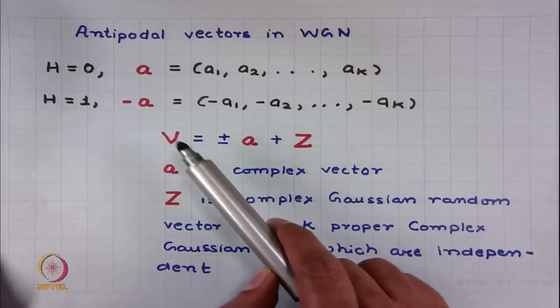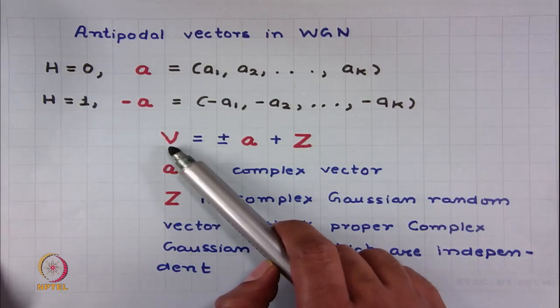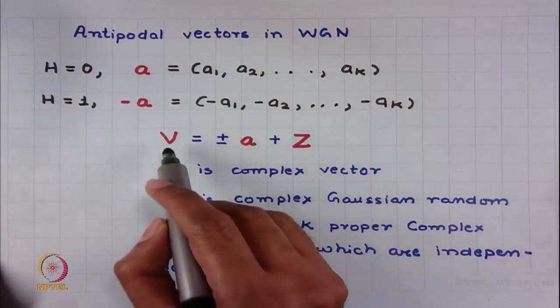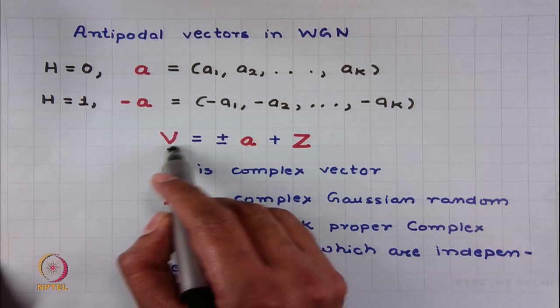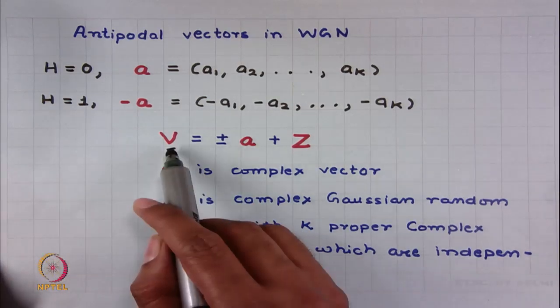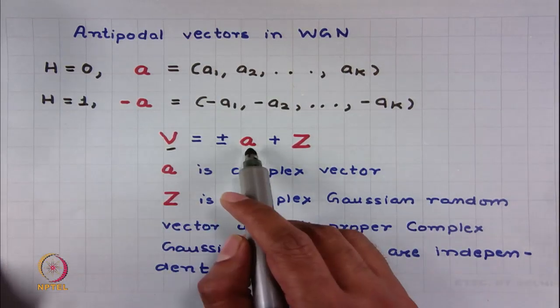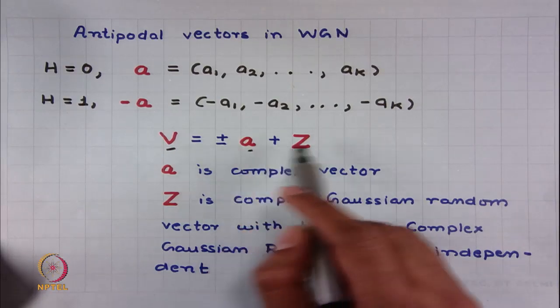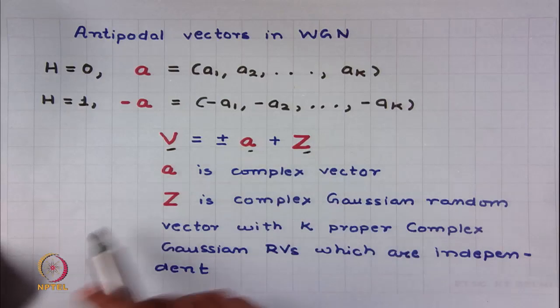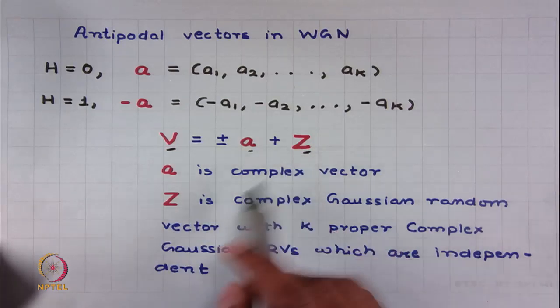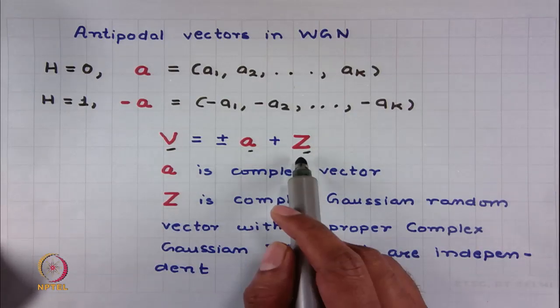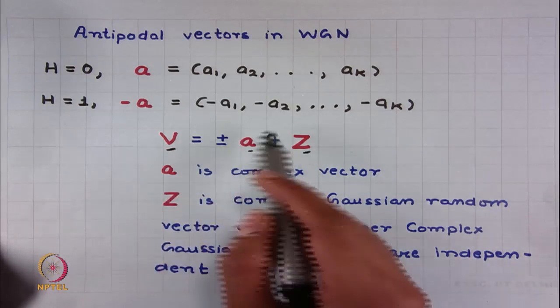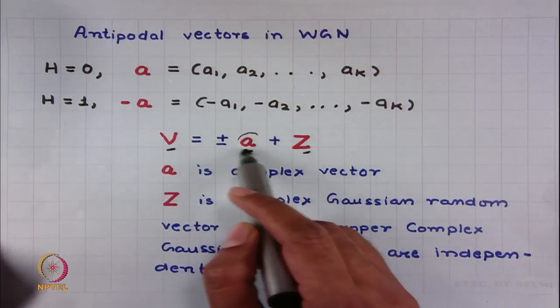So, at the output of a demodulator, we are going to have a random vector v. This random vector v is this vector a plus a vector z. And what is z? Z is a complex Gaussian random vector, because what we are transmitting is a complex vector.